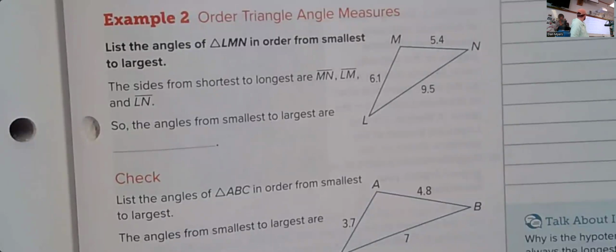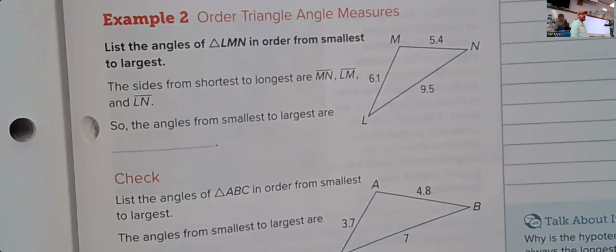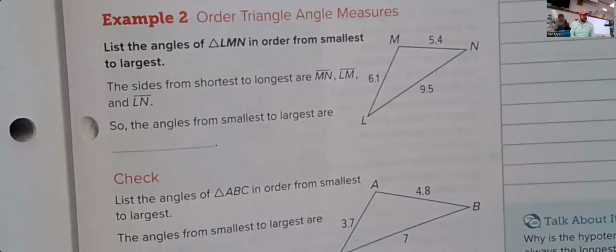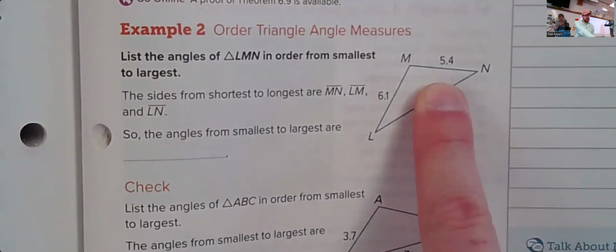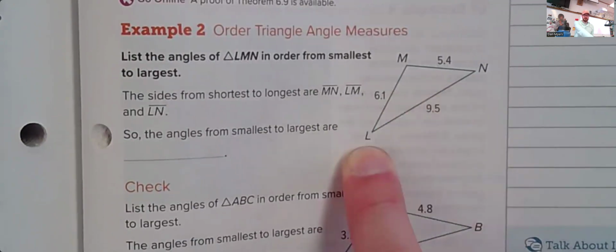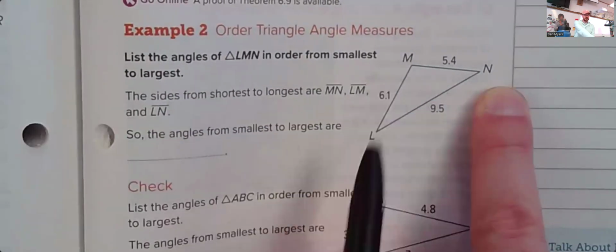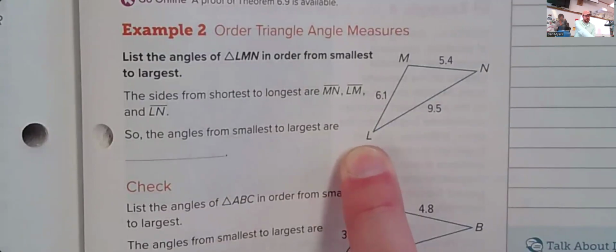So here we go. List the angles of triangle LMN in order from smallest to largest. All this has to do with is looking at the numbers. If we're going with smallest, we need to look for the smallest number first. Out of those three, which is the smallest number? MN, 5.4. What angle is across from MN? L. It's the one that doesn't use either M or N. Which means that L is the smallest angle.